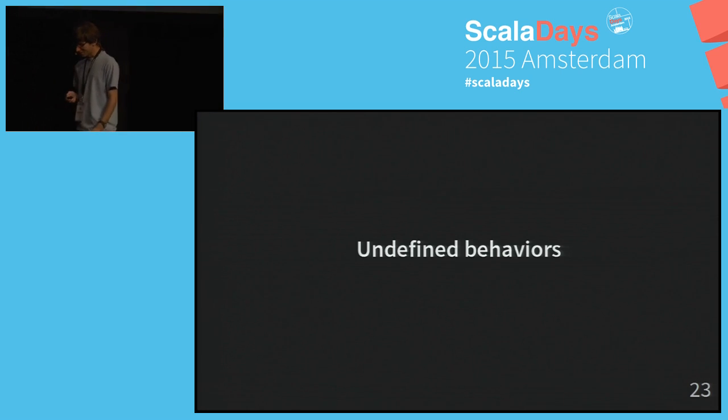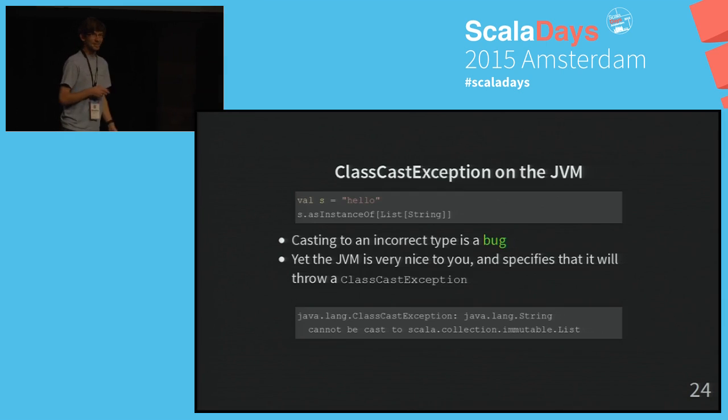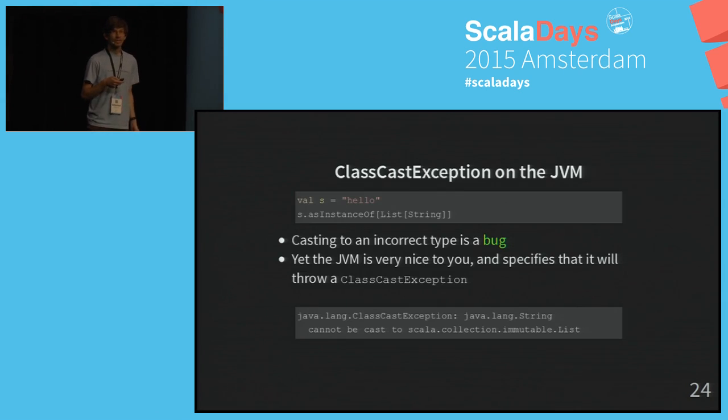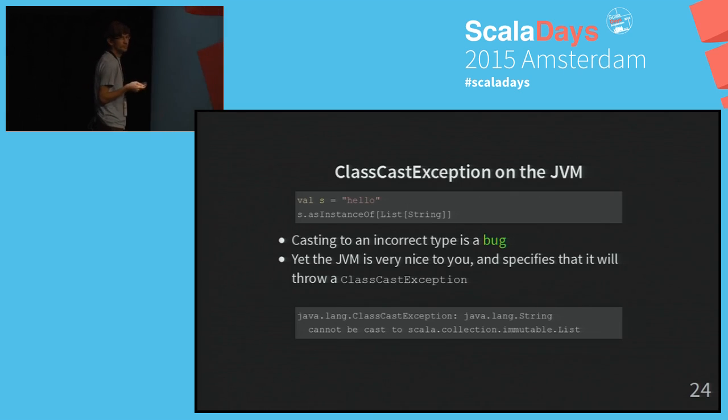A completely different topic, we're done with primitive data types, is undefined behaviors. So, class cast exception. If you do an invalid cast on the JVM, fundamentally it's a bug, right? I mean, you messed up. Let's face it.